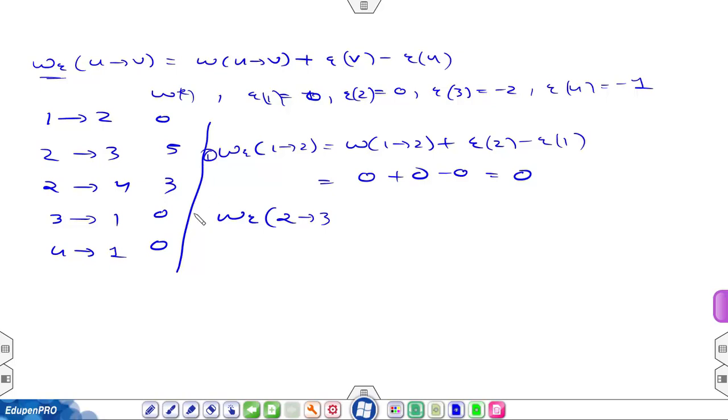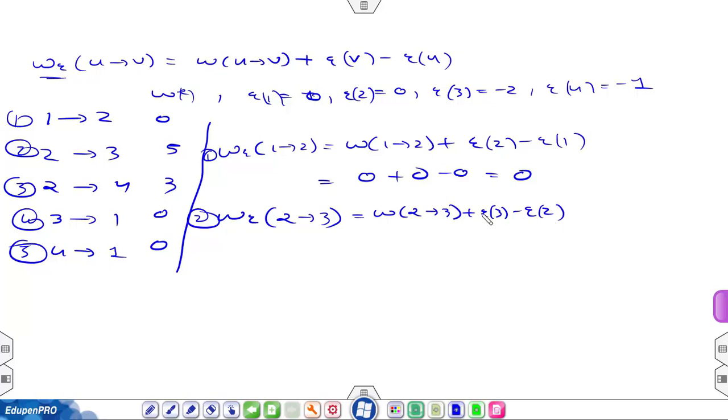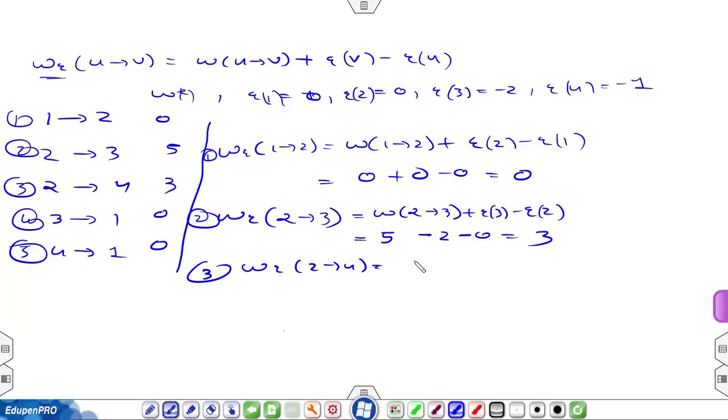WR 2 to 3 is given by W 2 to 3 plus R3 minus R2, and that is equal to 5 minus 2 minus 0, that is 3, and WR 2 to 4 will be given by W 2 to 4 plus R4 minus R2, and this is 3 minus 1 minus 0, that is 2.